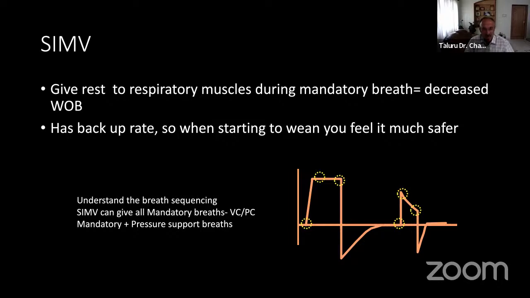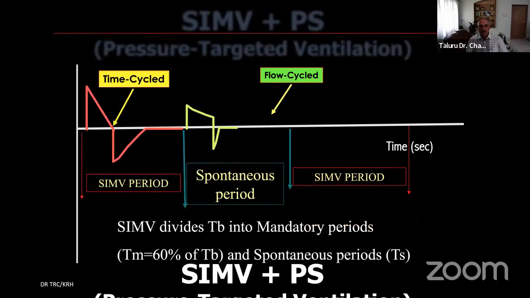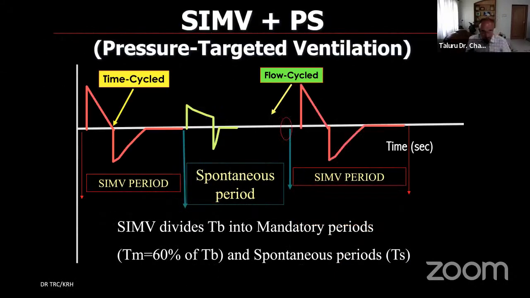Then comes the question of respiratory rest. Let us see how respiratory rest occurs. See here, I have a pressure cycle breath and a pressure support breath. This is a time cycle. It is touching the time, and here the flow at 25% is changing over to expiration.